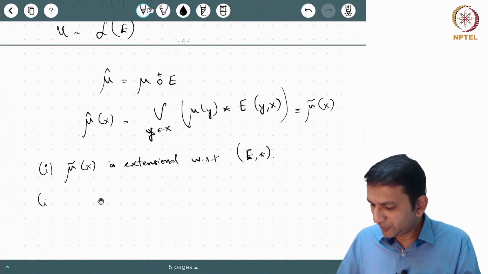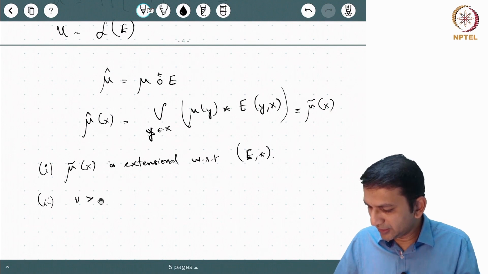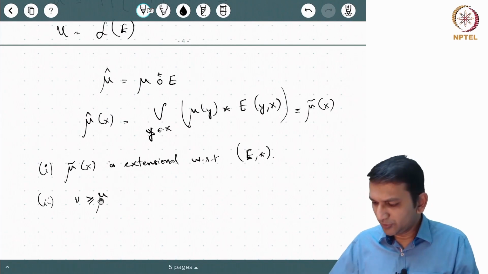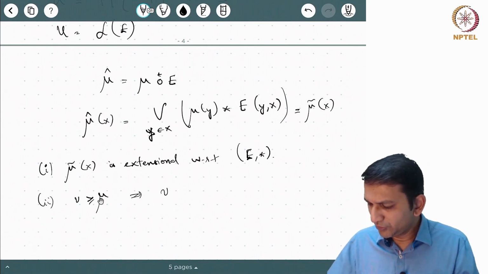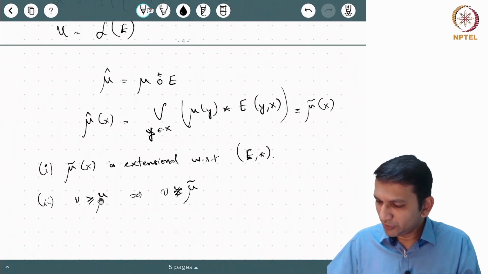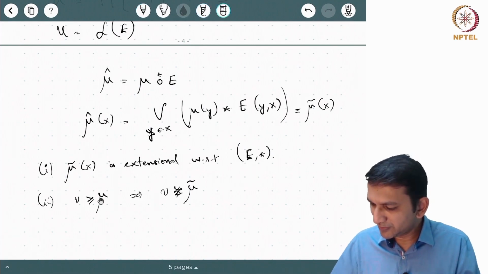The second thing that we need to show is that if mu' is some other extensional fuzzy set and contains mu, then mu' actually contains mu tilde. So we want to show this is the smallest.